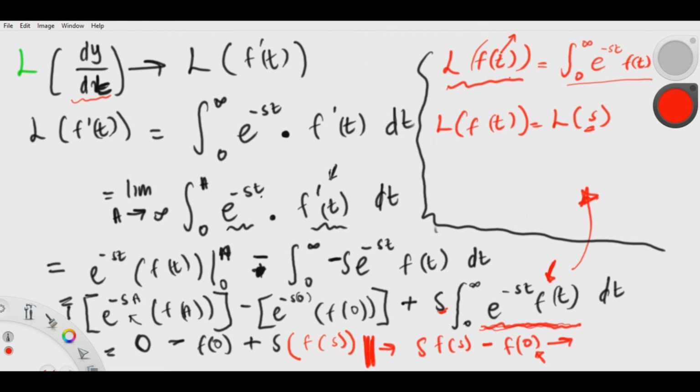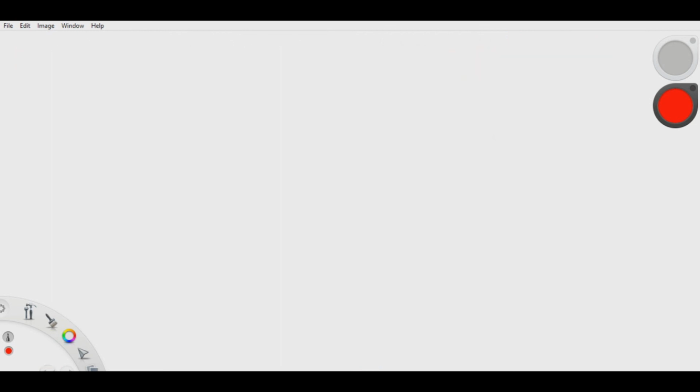So yeah, if you have a question where the question is dy/dt plus t equals 4, well, the solution to that is s multiplied by f(s), minus f of 0.